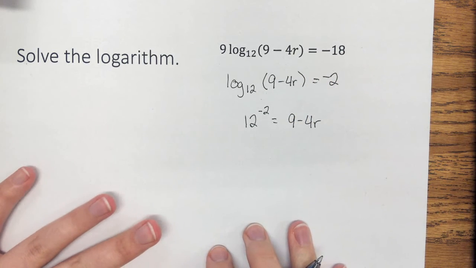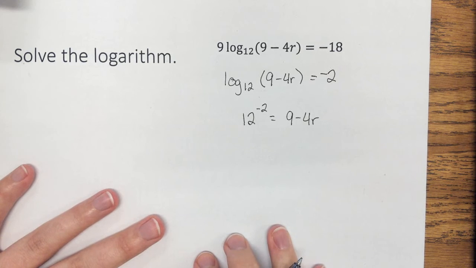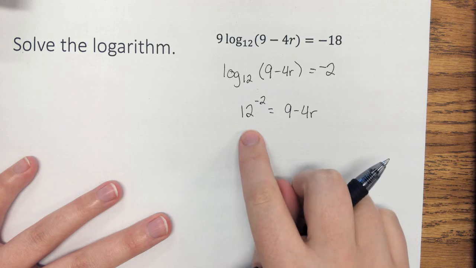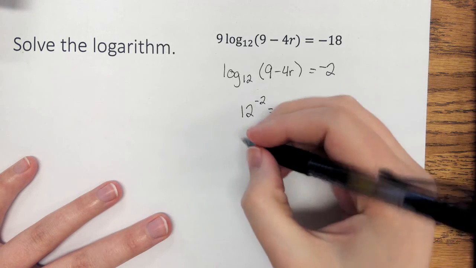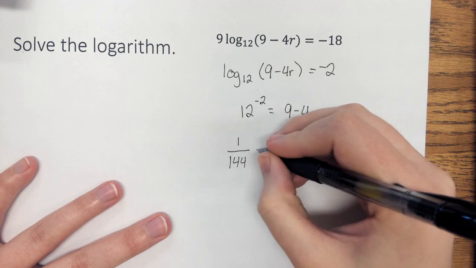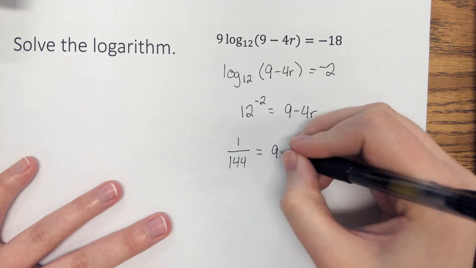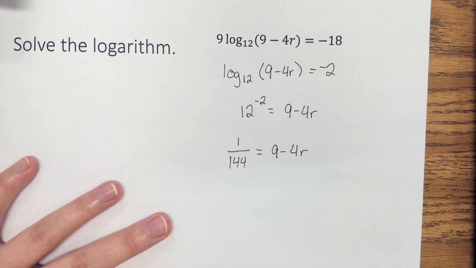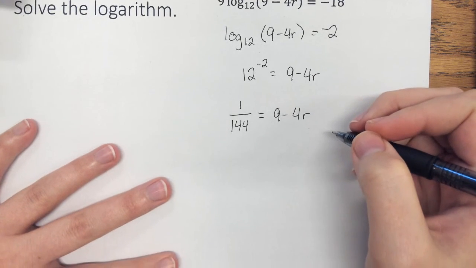Now this is something you should be able to solve. I can't promise your numbers will always be pretty, but you've got your calculator to help you. You can do this in your calculator if you need to. 12 to the -2nd should be 1 over 144. We do want to stick with fractions here. To solve for r, I'm going to subtract 9, which again, do this on your calculator. I know that's a big number.